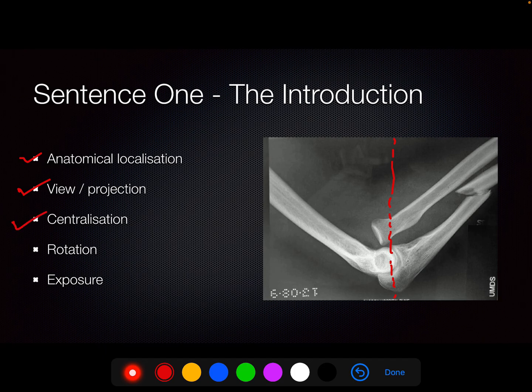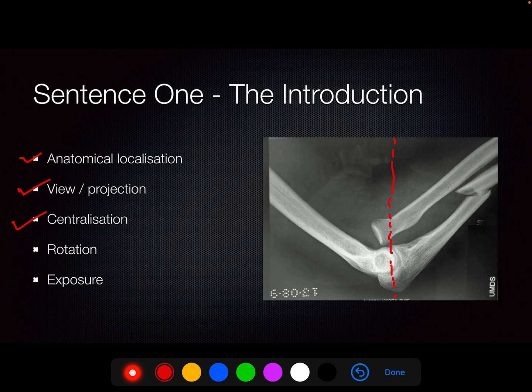Moving on to the rotation, the X-ray should ideally be in neutral rotation, which means that either anteroposterior or lateral, the direction of the X-ray beam should be directly perpendicular. So in case of an anteroposterior view, the two similar or two congruent structures on either side of the midline should be equidistant from each other.